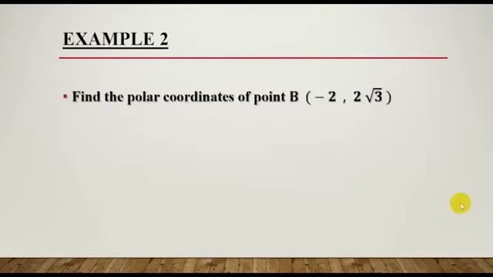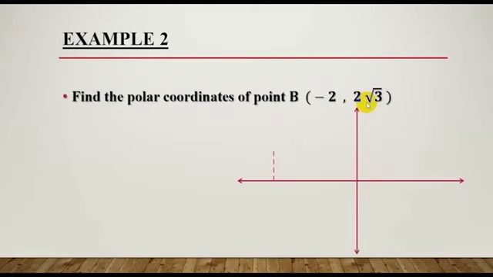That's the easy way. Let's get another example. Here we need to get the polar coordinates for point P, where x equals minus 2 and y equals square root of 3. So I'm going to plot it like that.